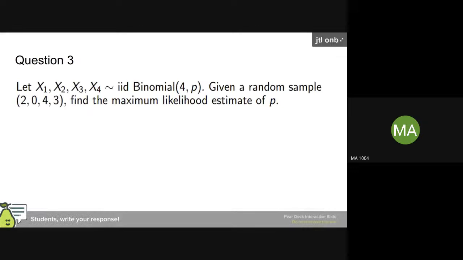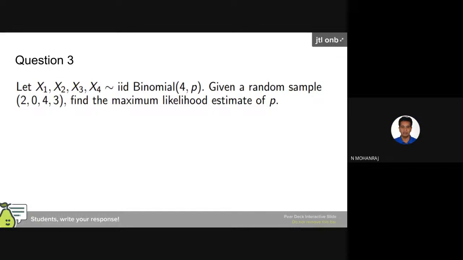So I have the same kind of problem, but instead of the continuous case, I have the discrete case here. As I said, in the discrete case, instead of the product of densities, what do you have to do? A good guess? Probability. PMF. Correct.